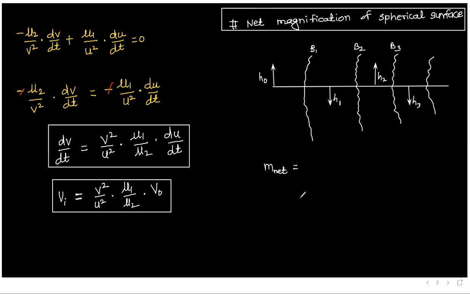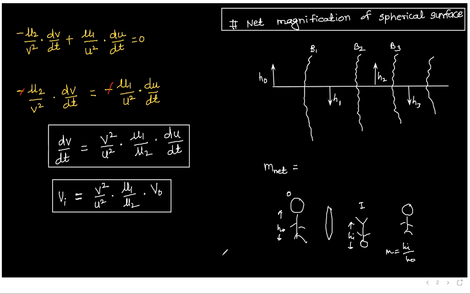Here there will be an object and here the image comes. Yes, if a convex lens is there, the image comes like that. So this is the object, this is the image for a convex lens, suppose. Like this. So whatever the height is there, this is hi, height of image, this is ho, and m is equal to hi by ho.